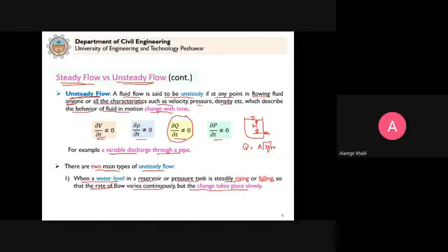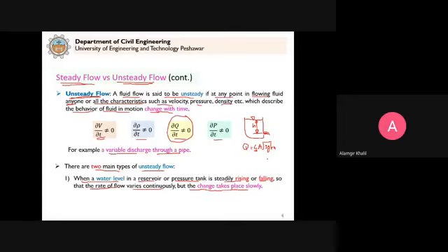This is what you derived by applying the Bernoulli equation. So this is now the theoretical discharge. If we calculate the actual discharge due to losses, then we write a term which is known as the coefficient of discharge, CD. So this is the formula for an orifice.